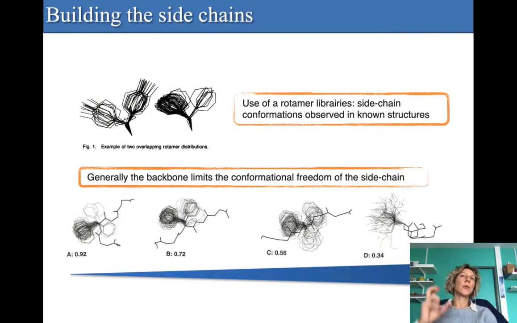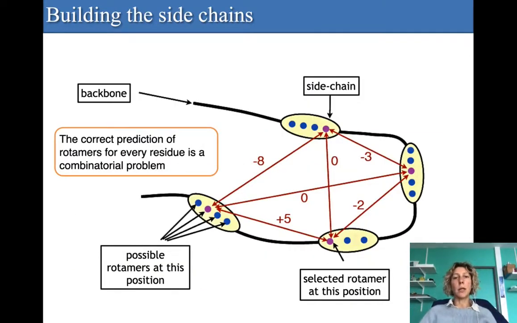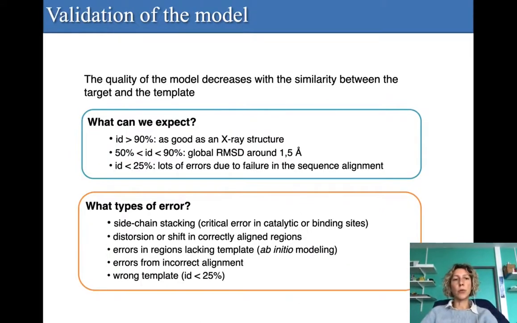So you may also go look into databases to see what are the most probable rotamers, and then combine these rotamers. So here we have an optimization problem where, given a sidechain that is fixed, you need to find the configurations that are probable and that are also compatible with it, not to produce some steric clashes or some repulsion.